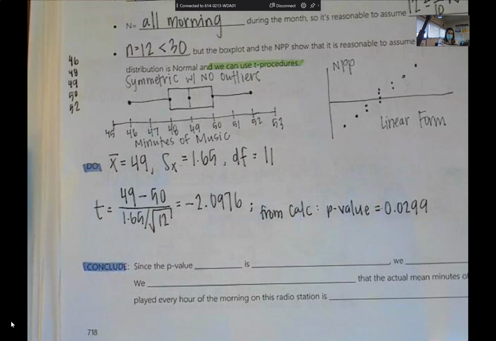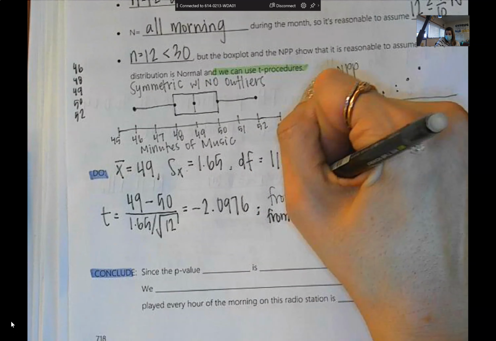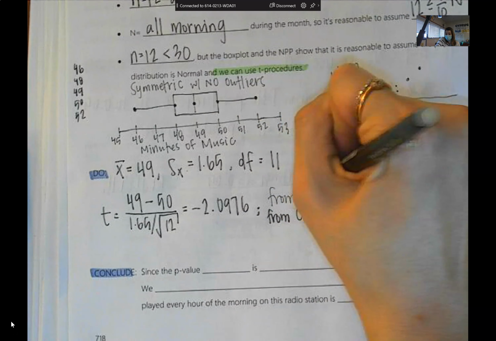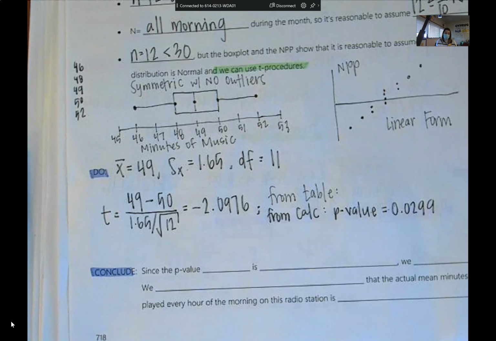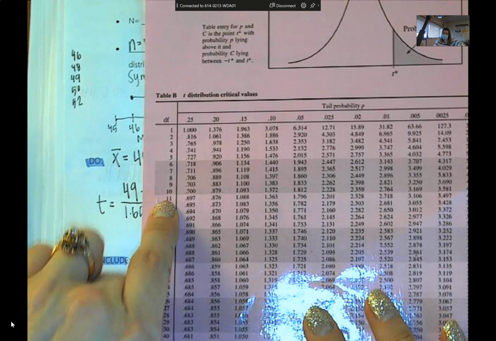But then I'm also going to practice finding it from the table really quick. So from table, I'm going to go to degrees of freedom 11. So that's just below a gray section.